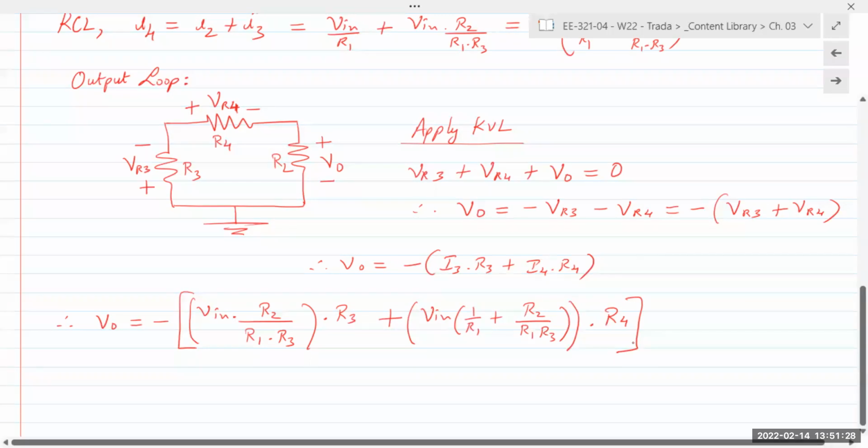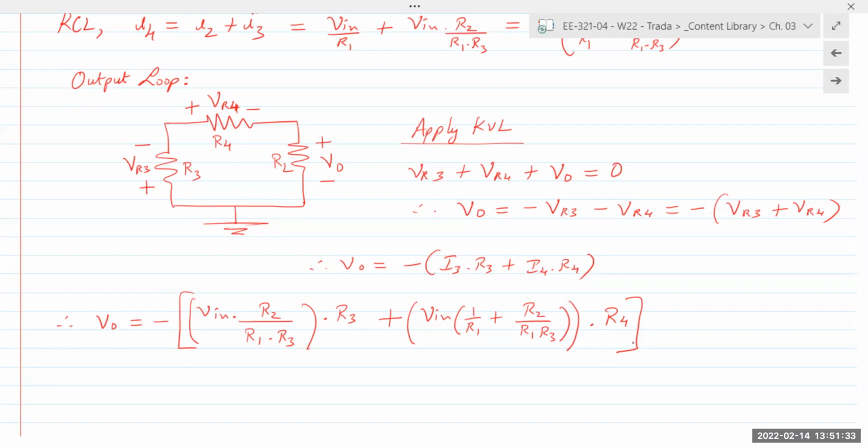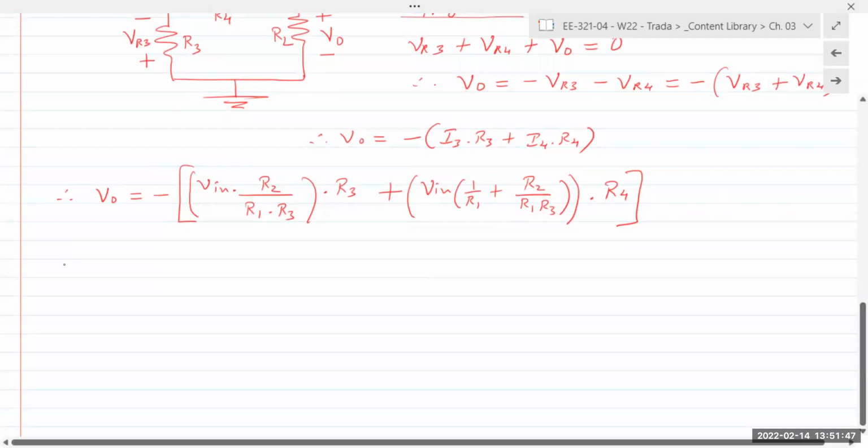Reduce the expression. R3 gets canceled out. Here, let's see, R4 gets multiplied. And so we can have three quantities. Vin is common, so you take Vin outside, which of course works out because we want to find the gain equation. So we want Vout over Vin. So you take Vin outside, and you get VO is minus Vin R2 over R1 plus R4 over R1 plus R2 over R1 times R3.